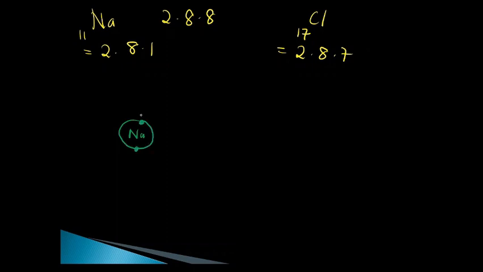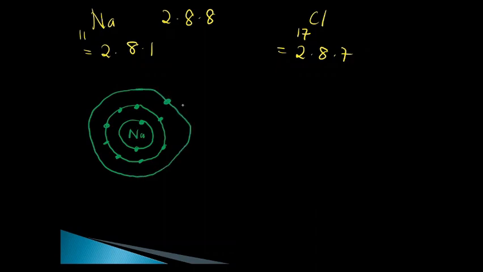The first shell consists of 2 electrons, the second shell consists of 8 electrons, and the last shell only has 1 electron. The first and the second shell consist of the inner electrons, and the outermost shell consists of the outer electron.